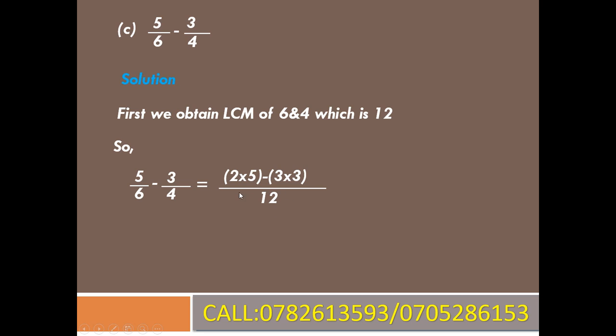Then 12 divided by 4, 3 times 3. Now you must keep the sign. This is a subtraction, so we must keep the sign. And that will give us 10 minus 9. That is 1 out of 12.